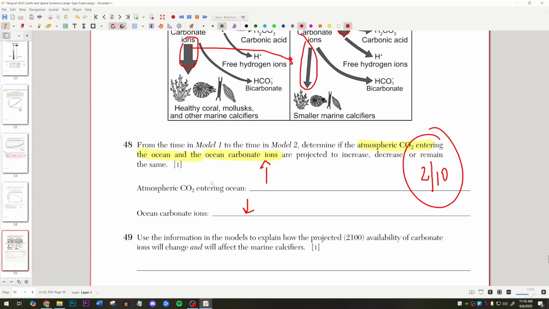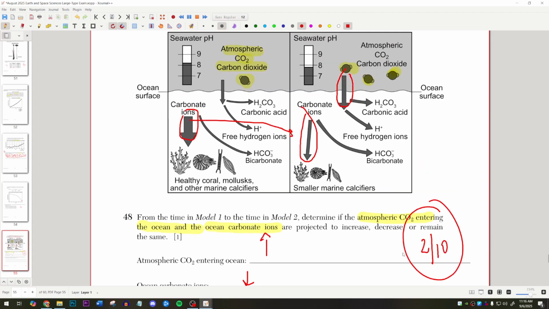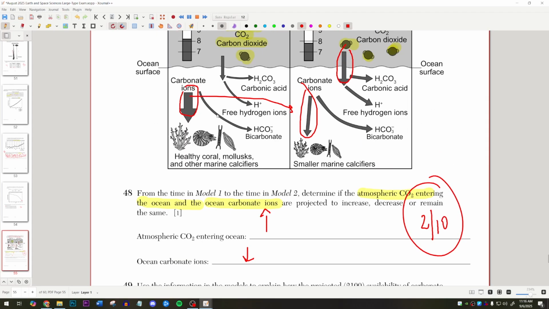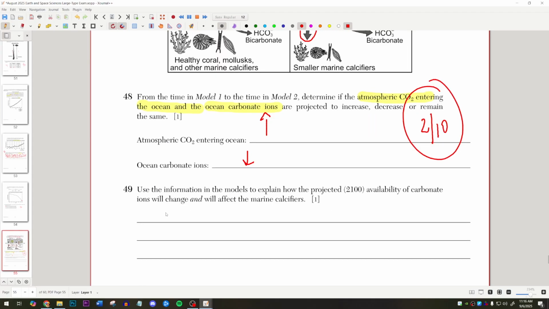Use the information in the models to explain how the projected 2100 availability of carbonate ions will change and will affect the marine calcifiers. So since it's going to decrease, you're going to have smaller marine calcifiers.